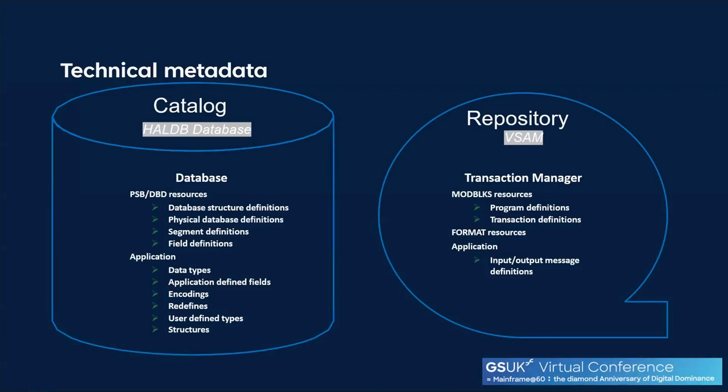From a database standpoint, your PSB and DBD resources, your database structure definitions, your physical database definitions, your segment definitions, your field definitions, whatever you code in DBD and PSB source using those assembler macros, that's your metadata, that's your data about the data. And when you talk about applications, the data types, application defined fields, your REDEFINES in the COBOL, encodings, some user defined types and structures, all that constitutes application metadata.